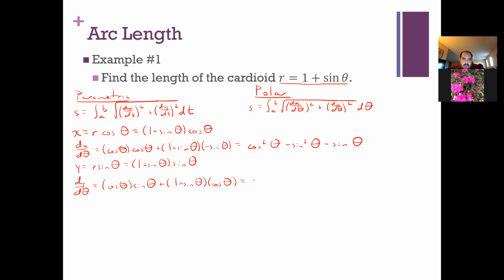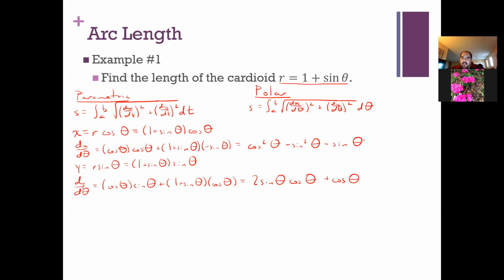So I get 2 sine theta cosine theta plus cosine theta. So I could put these under the integral and start working with them.